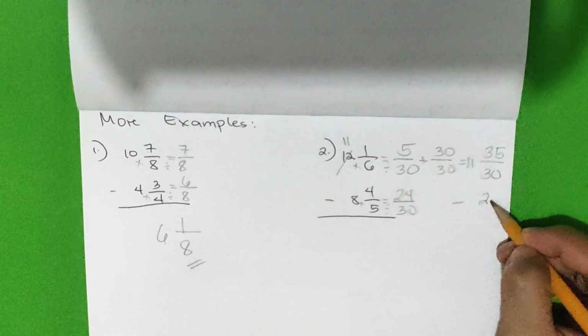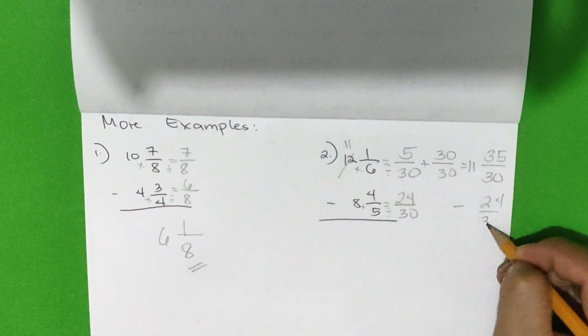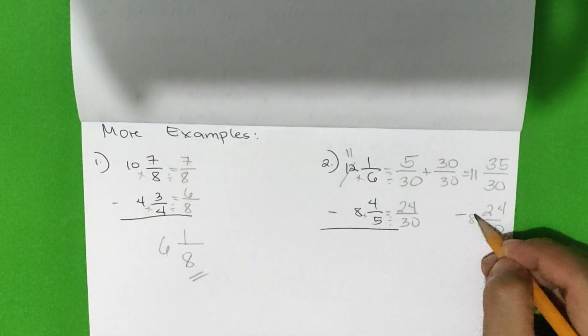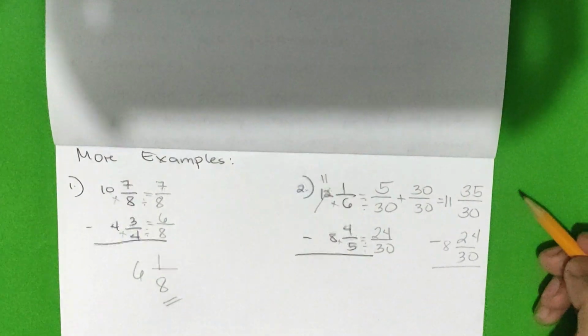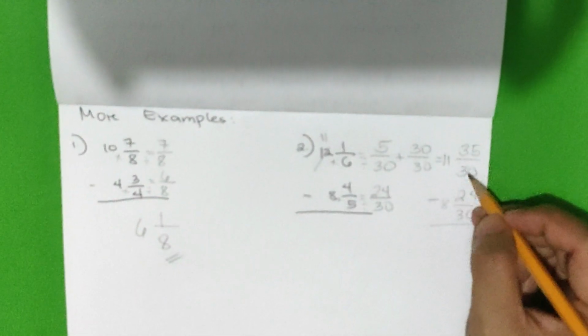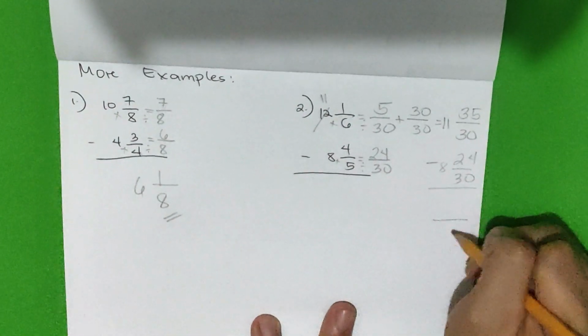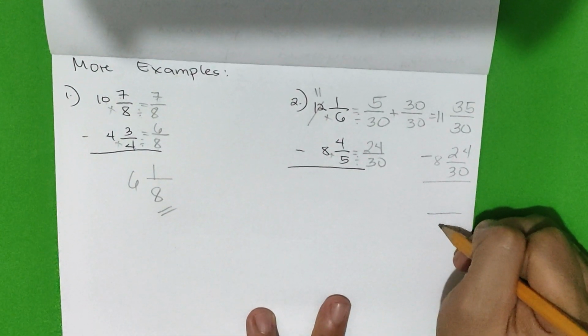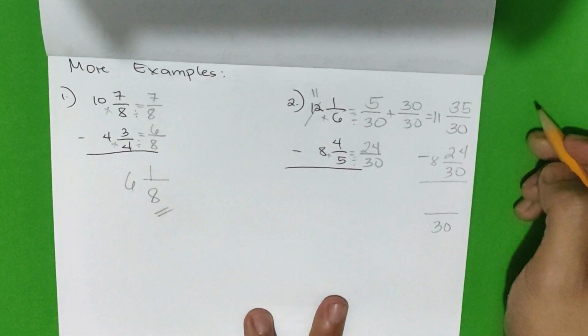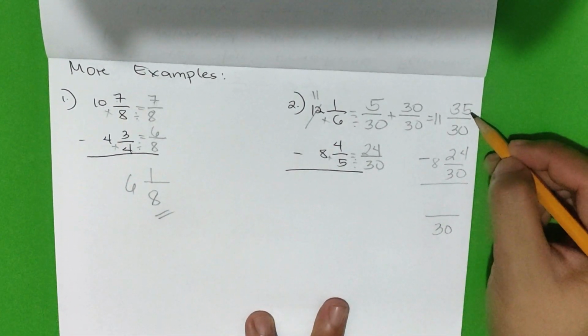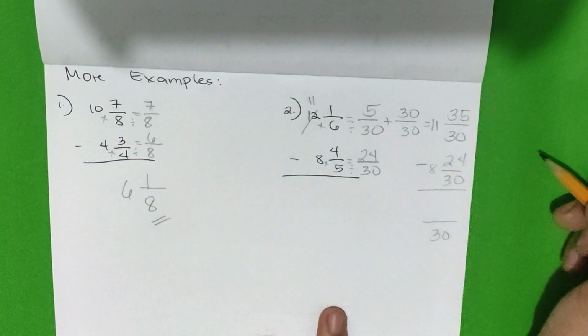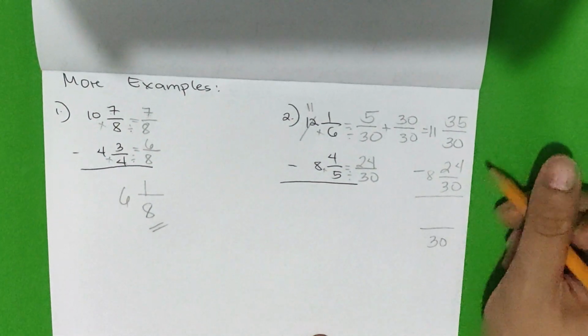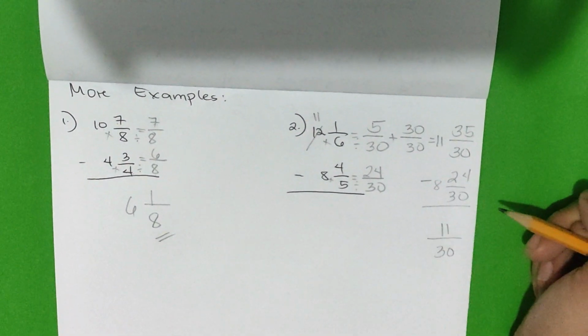Okay, so now we can subtract the two. Since they are similar fractions, we can just copy the denominator 30. And then let's subtract 35 minus 24. So 35 minus 24 is equal to 11.